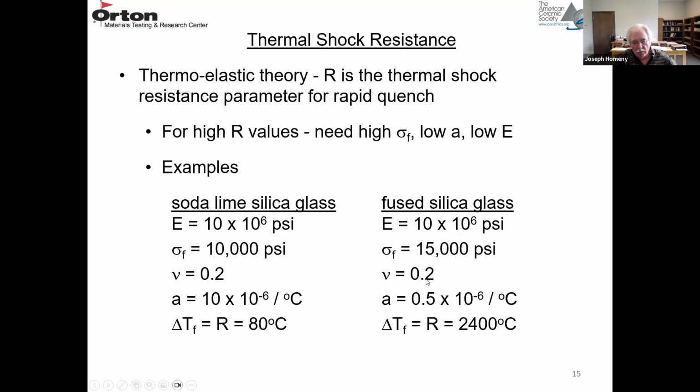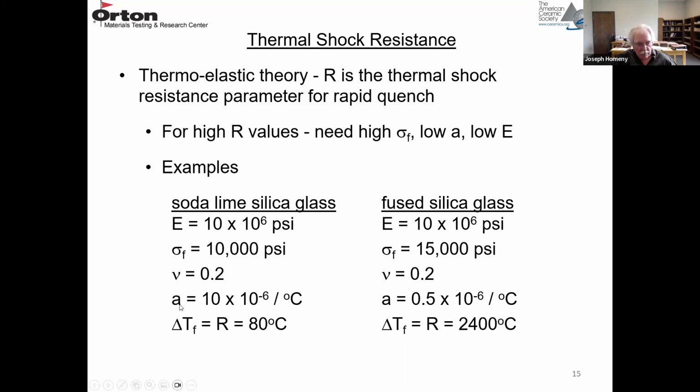Poisson's ratio nu is 0.2 for each one. Poisson's ratio for ceramics and refractories is usually about 0.15 to about 0.3. The entire range for nu is 0 to 0.5. So 0.2 is a typical value for Poisson's ratio.